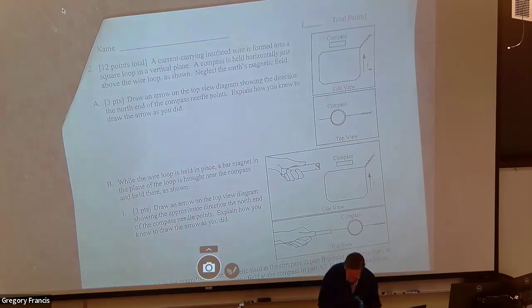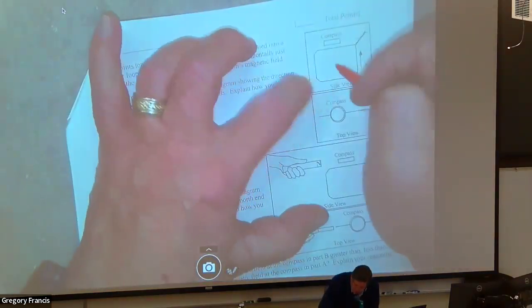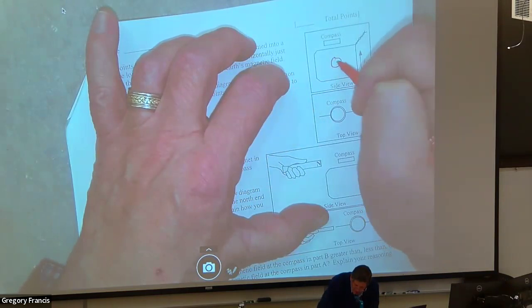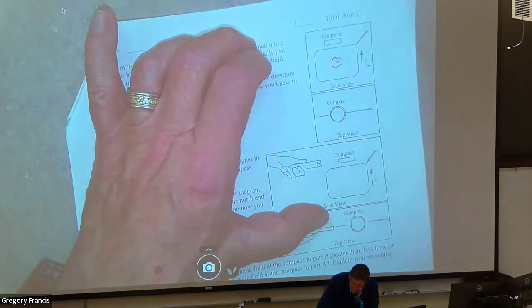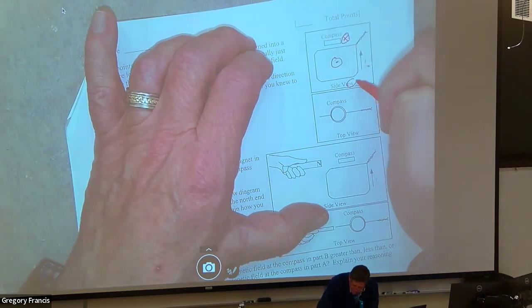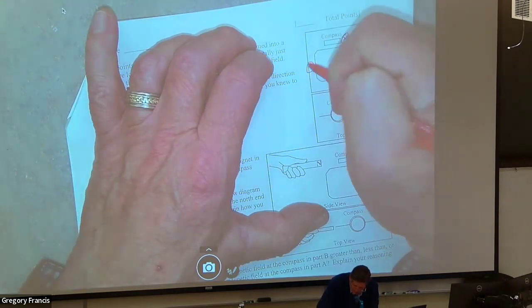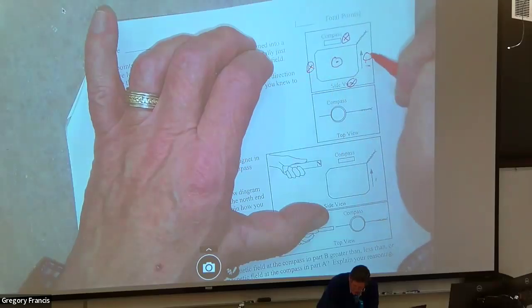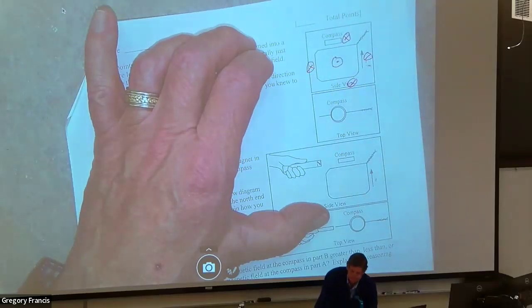So the magnetic field due to this current is going to come out of the middle, and then it's going to go wrapping around outside of the loop to go into the south.